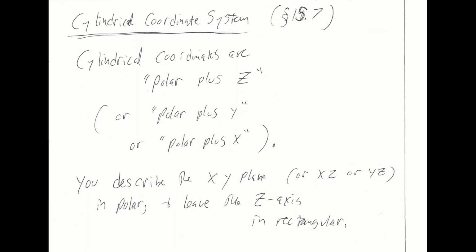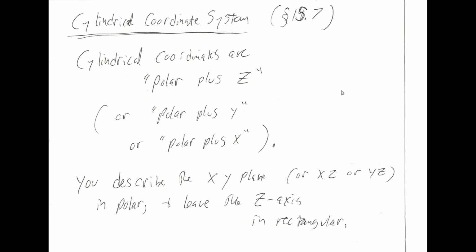You can also represent either the xz or the yz planes in polar and leave the remaining rectangular variable as itself. So if we represented the xz plane in polar, the y variable would remain as the y-axis, and we would have polar plus y for sort of a sideways representation of polar coordinates.